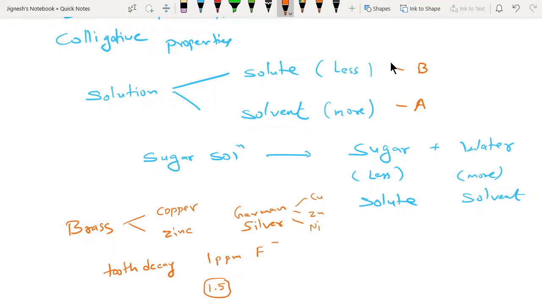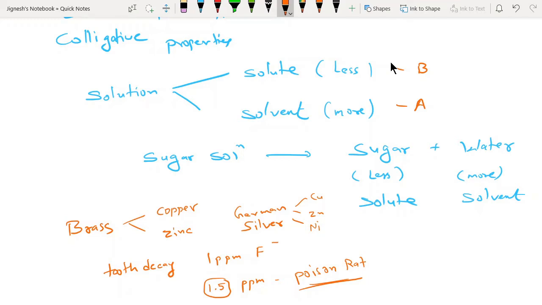Okay, so guys, this will become 1.5 ppm, which will become a poison. That is a rat poison. So think, if F minus increases by 0.5 ppm, then the toothpaste will become a poison for rats. So guys, this is what we have to understand. These are just examples of solutions.